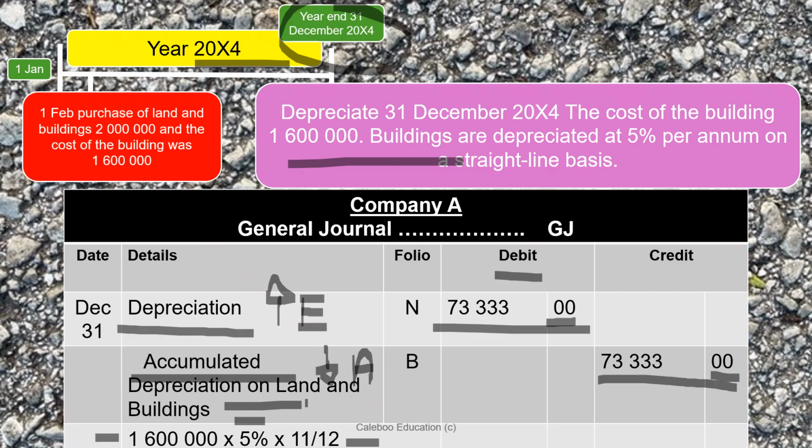So 1.6 million times 5% times 11 over 12 is 73,333. So now what you've done is you've recorded the purchase of land and buildings, and you've done depreciation on the buildings. And that was at the end of year 1. And they asked you to do this through the general journal. Let's move on.